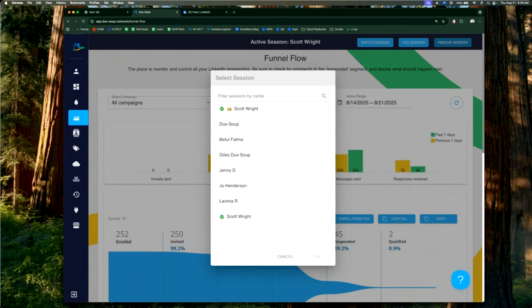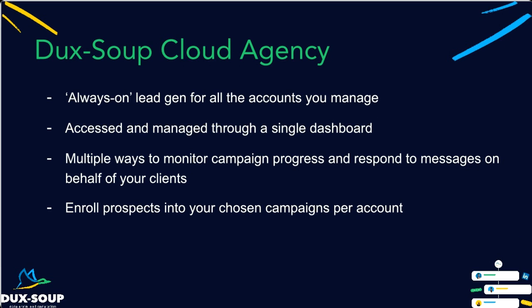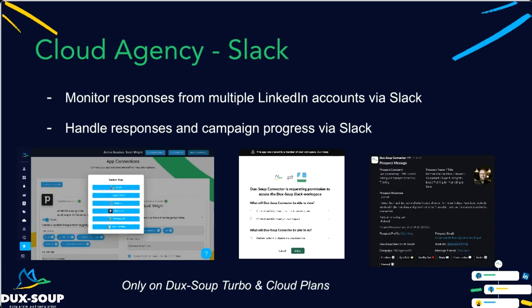Wonderful. So let me stop sharing my screen. Let's go back to our presentation here for one second. Fantastic. Now, the cloud agency does come, and this comes with Turbo and also, I guess with all of these to some degree, but cloud agency and the Turbo version, I think that's actually misspoken here, but you can use our Slack integration, which is included on the Turbo and also the cloud and cloud agency plans.